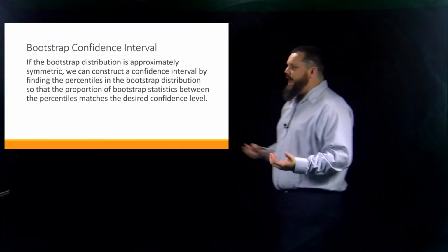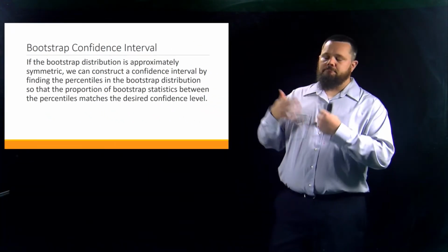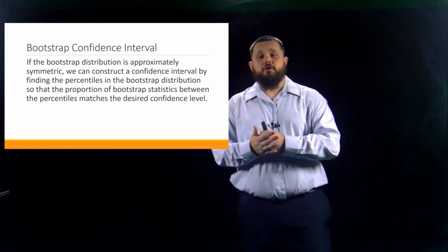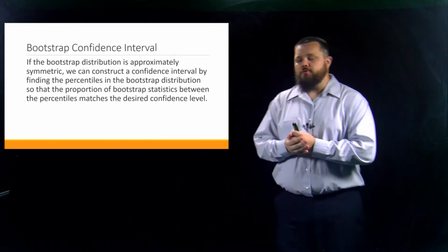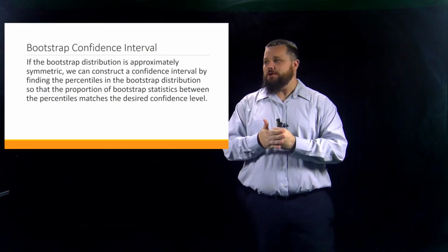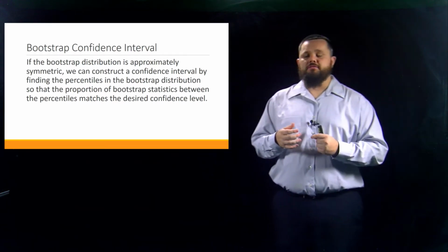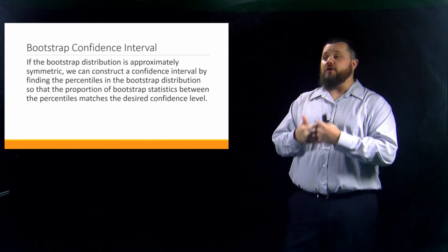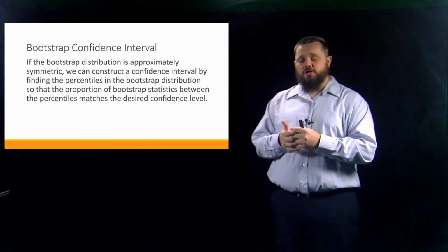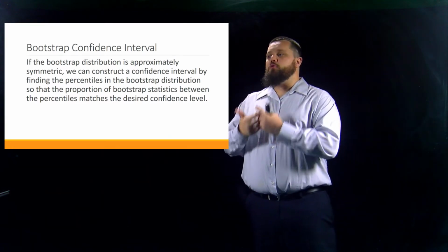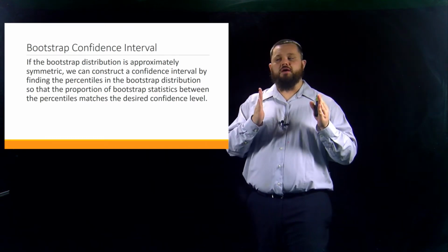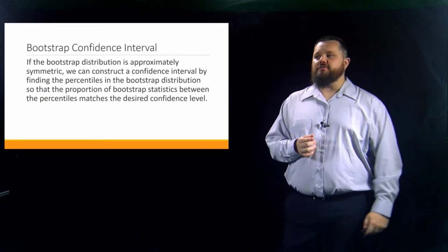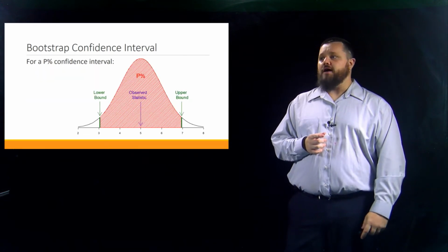So, how to actually use a Bootstrap distribution to create a Bootstrap confidence interval. If our Bootstrap distribution is approximately symmetric, we can construct a confidence interval by using the percentiles of the Bootstrap distribution in a way that the proportion of the Bootstrap statistics between those percentiles matches our desired level of confidence.